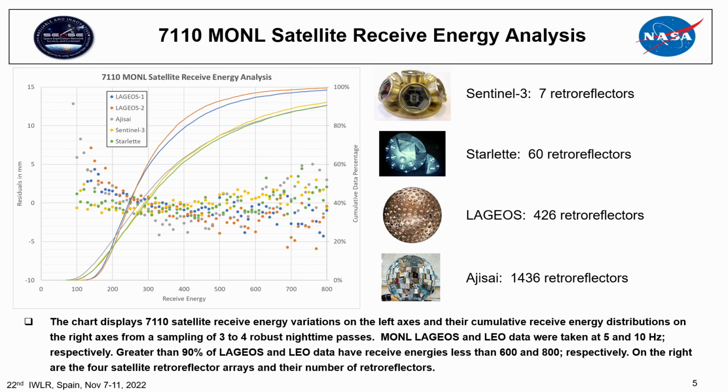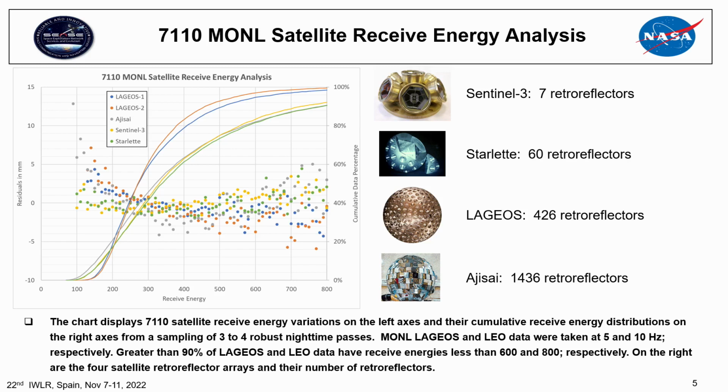Back in this time, the LAGEOS and LEO data were taken at 5 and 10 hertz respectively. Greater than 90% of the LAGEOS data, which is the blue and red, has receive energies between 6 and 800.